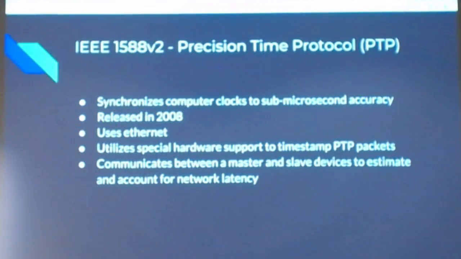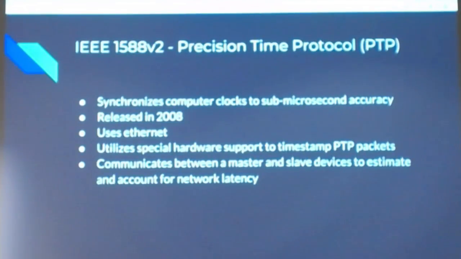So our project was all about the Precision Time Protocol. It's IEEE 1588 v2. The purpose of the protocol is to synchronize computers within a network. It was released in 2008, and there have been two versions since then, and they're currently working on the third.